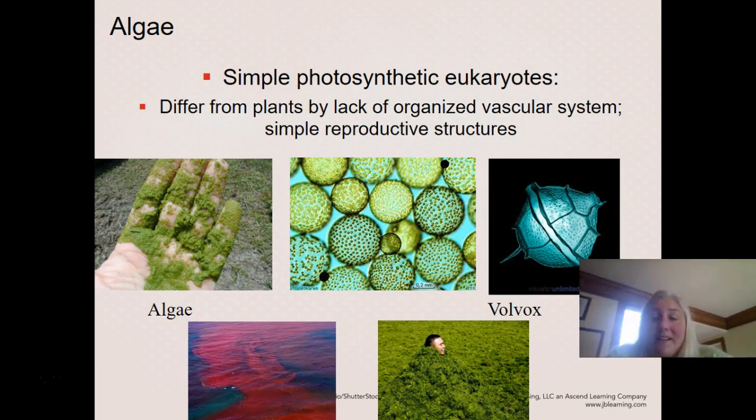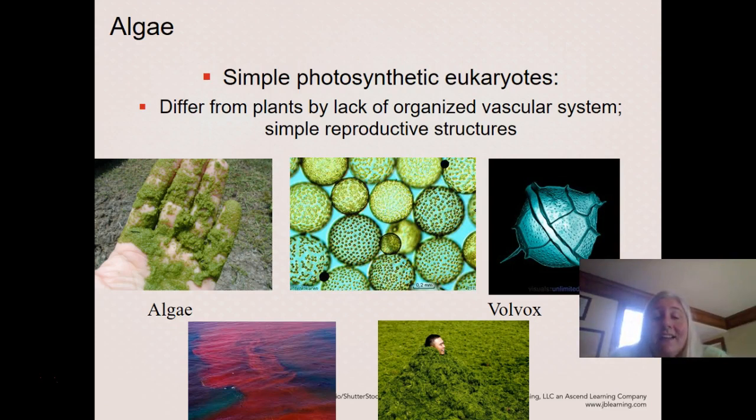The next group of organisms we'll talk about are algae. Algae are photosynthetic eukaryotic organisms. They differ from plants in that algae tend to live in water, not on land.